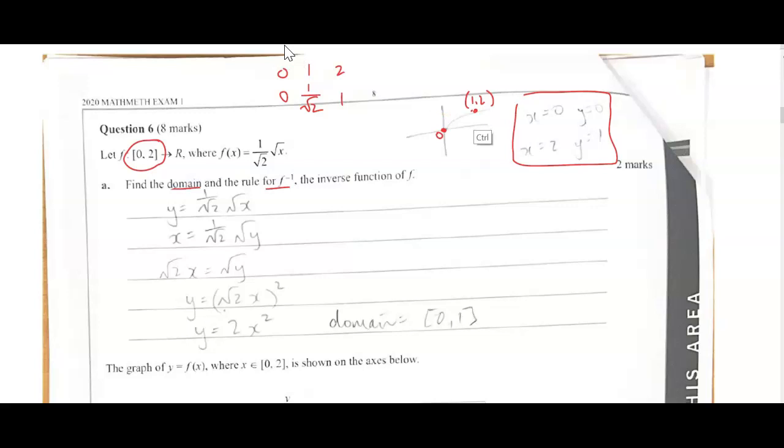That should have been 2, 1. My bad. So that is 1, and that's our range. Remember, your range is your y values, and the domain of your inverse is equal to that. So there's my domain.